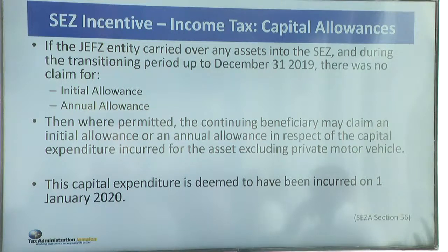All right? So let me repeat. If you have claimed initial or annual, or both of them, then you cannot claim it again on the 1st of January 2020. What's the benefit? The benefit would have been for those who acquired these particular assets during the period and were not claiming it before.